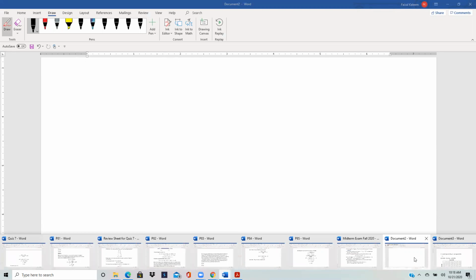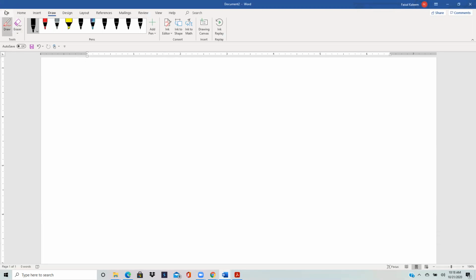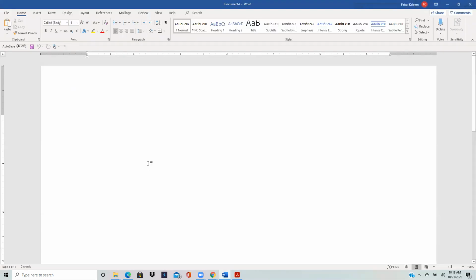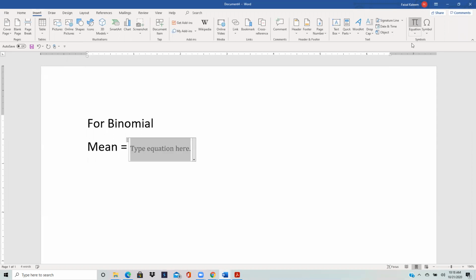The problem is that there are just 1 or 2 problems that we do, and it's very rare that someone remembers that after that section is finished. So for binomial, let's see if you can spot your notes about the mean of a binomial. Mean is equal to, is it n times p? Right.